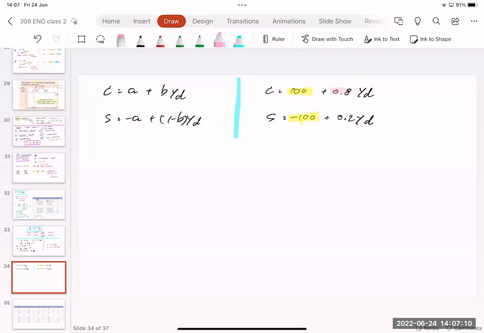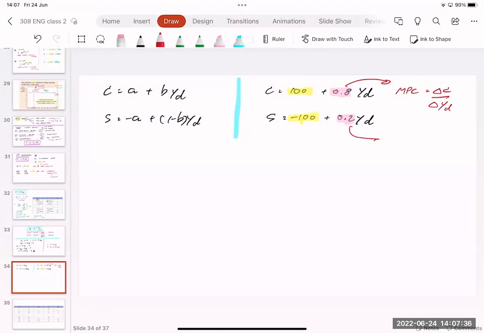For the pink area, B equals 0.8, 1 minus B equals 0.2. What does it mean? This one, remember, is MPC, marginal propensity to consume. It means that when your income increases 100%, you're going to use 80% of it for consumption.